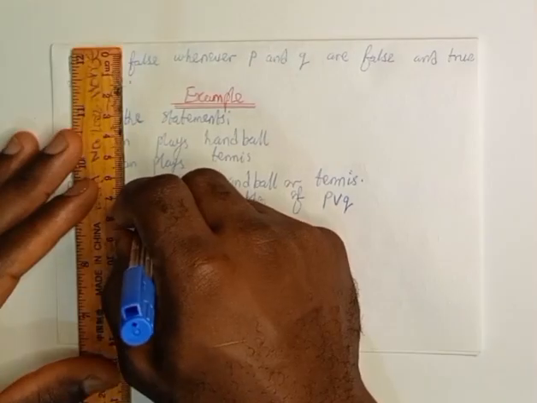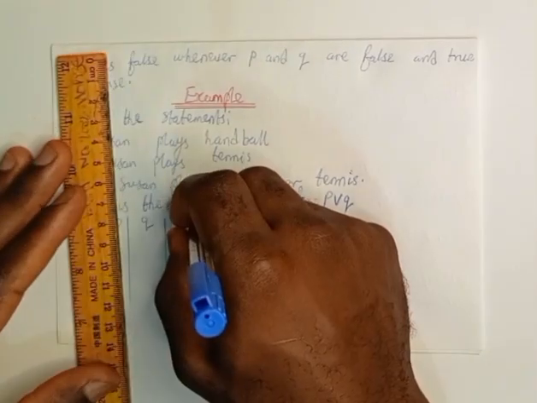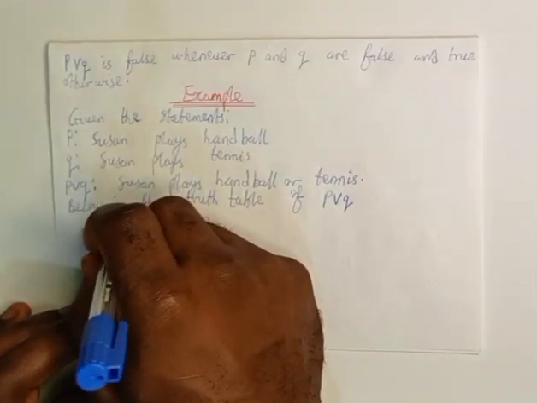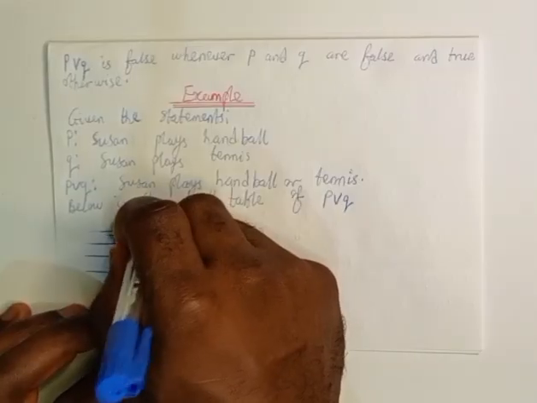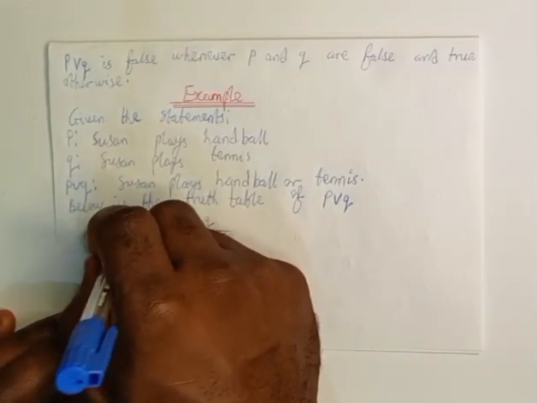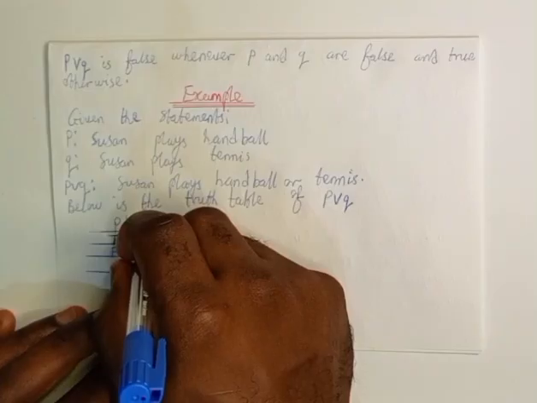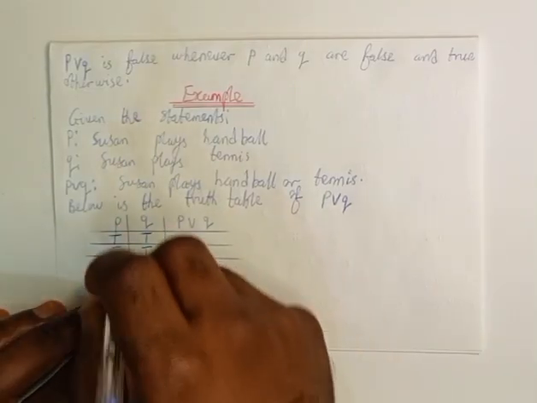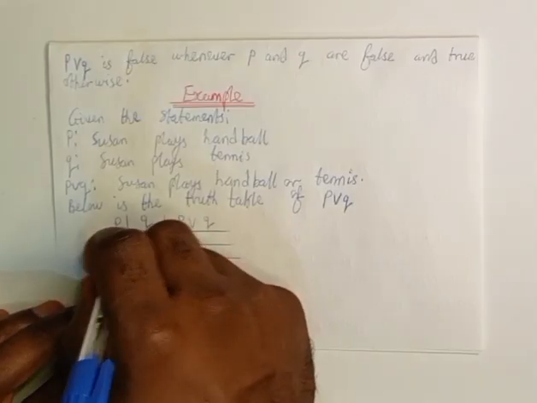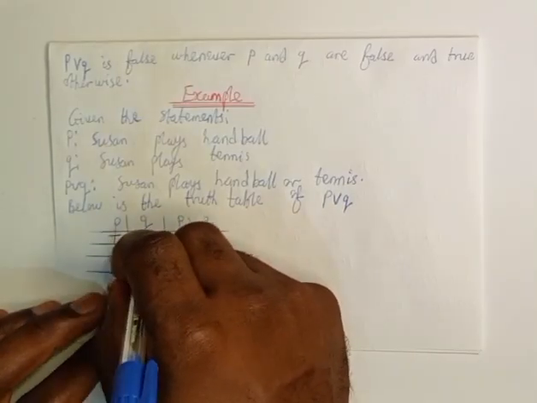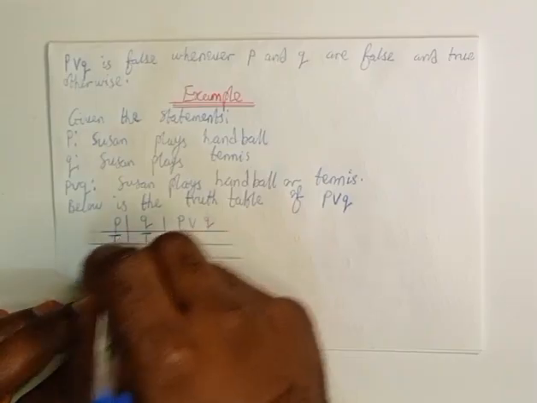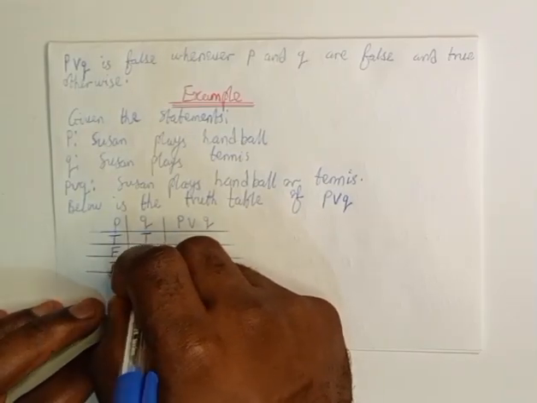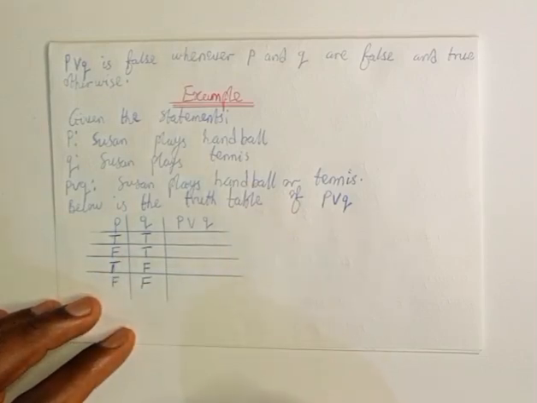P, Q, P or Q. This first statement P is true, the second statement Q true, P is false, Q true, or P is true, Q false, or P is false, Q false.